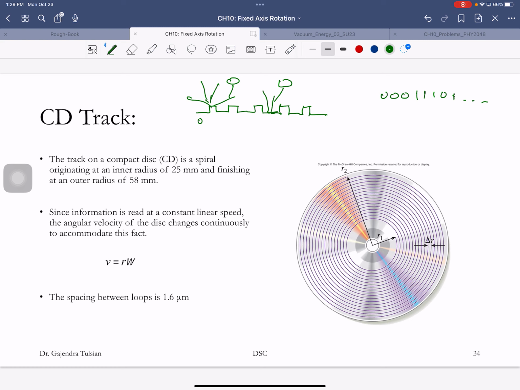Now here's the deal. The light is a laser beam. This is the wavelength of the light, crest to crest distance denoted by lambda. If you use this wavelength, the smallest object you can read is this big.